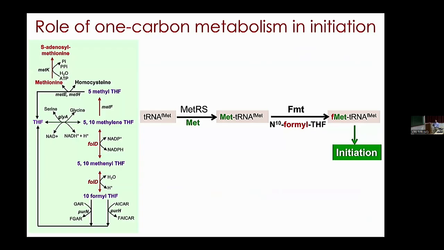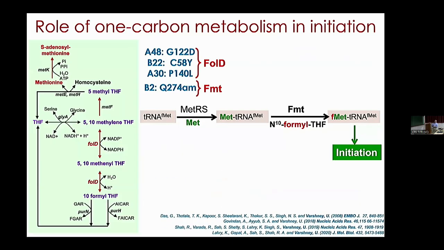And so one of the things that we noticed was that a good number of the suppressor strains that we got were actually either defective in folate dehydrogenase, which would limit the amount of 10-formyl tetrahydrofolate, or one of the strains that we found was actually having a mutation in this FMT. And so the FMT activity was actually dead.